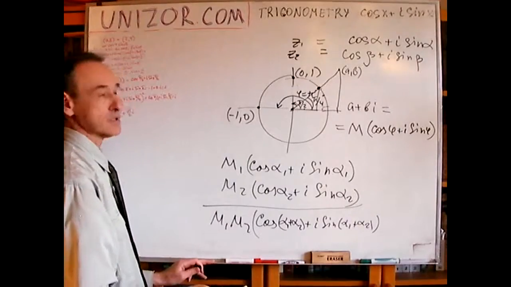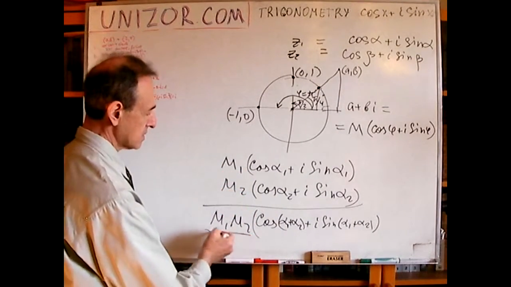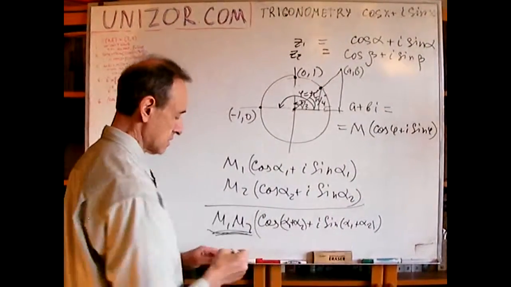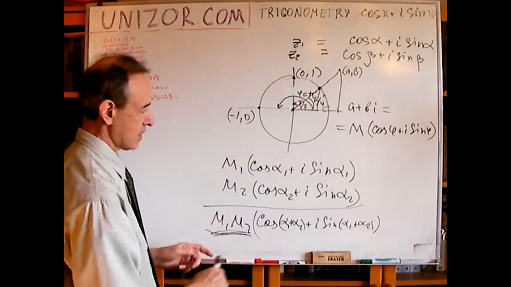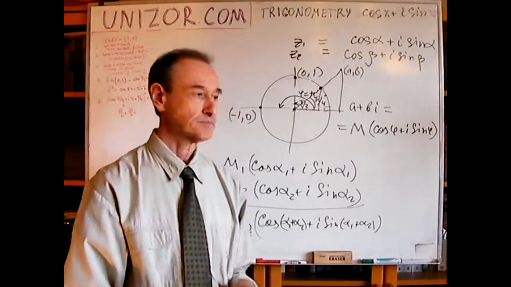I mean, that's obvious, right? Because this is just the multiplication m1 times m2. This is a new modulus, and this part, the normalized part of the complex number, contains the sum of two polar angles.